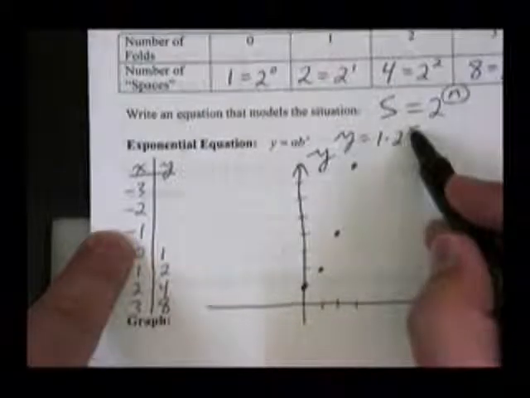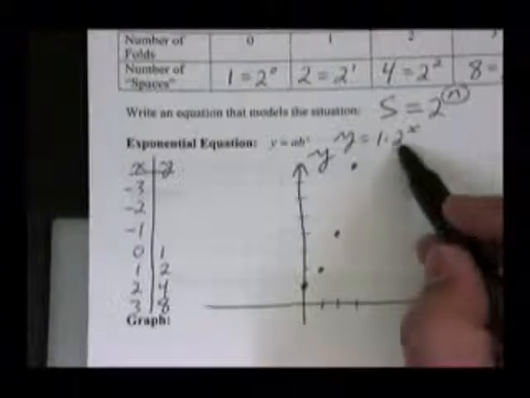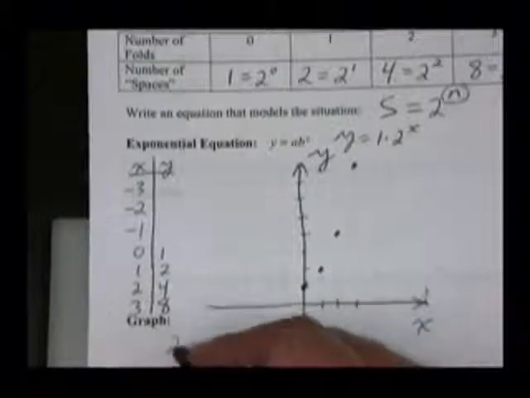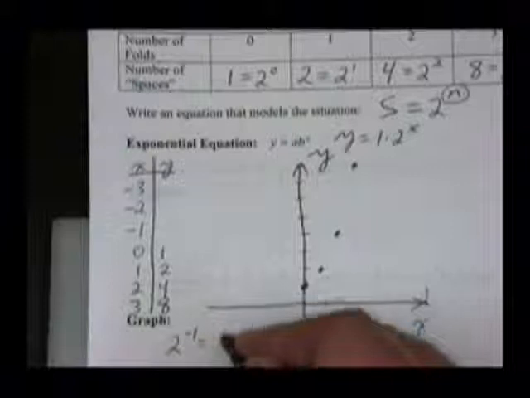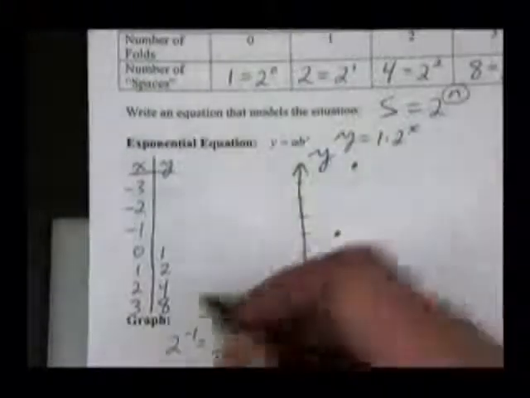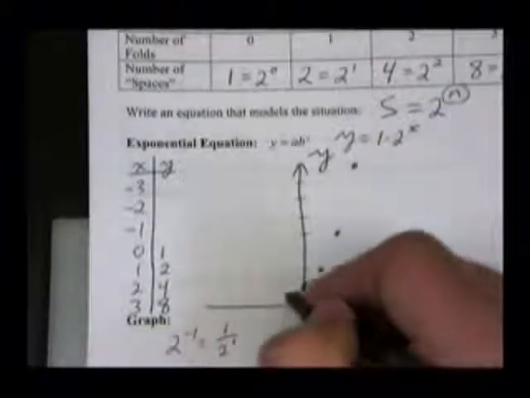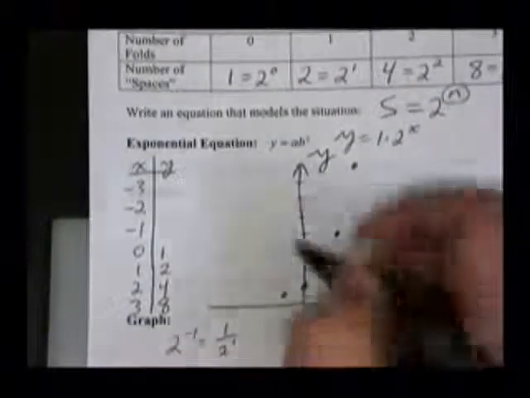-1. When I plug in a -1 up here, remember what a negative exponent does, it uses the reciprocal. So 2 to the -1 is equal to 1 over 2 to the +1, or 1/2. So when I plug in a -1 here, I get 1/2 times 1, which is 1/2. So -1, 1/2.